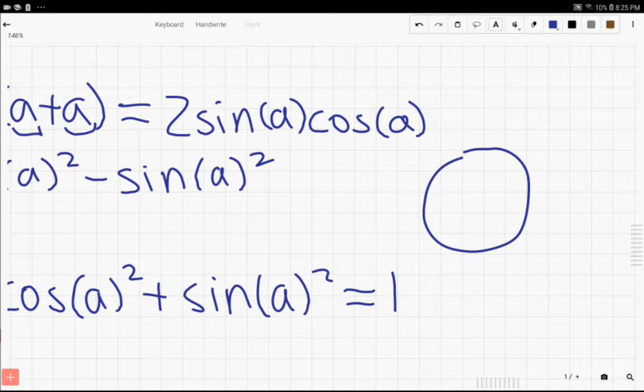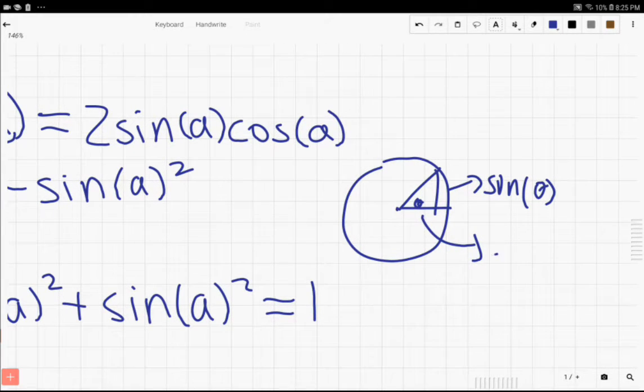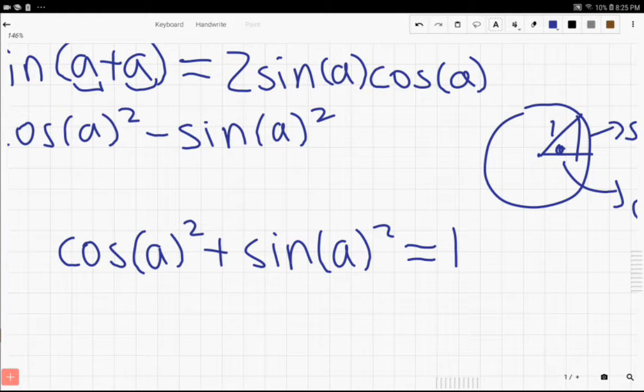We have the unit circle, we have a triangle, the height is sine of theta, and the length is cosine of theta. So therefore, by using the Pythagorean theorem, we have that sine squared plus cosine squared of theta is equal to 1.